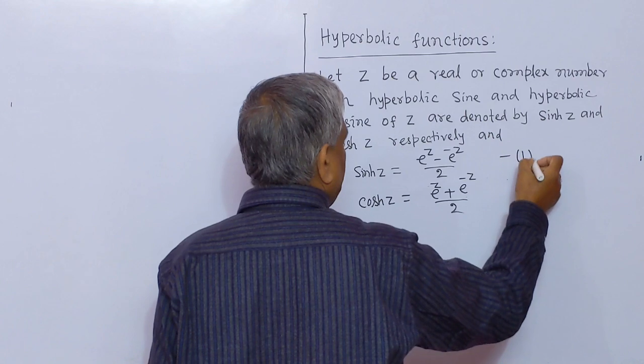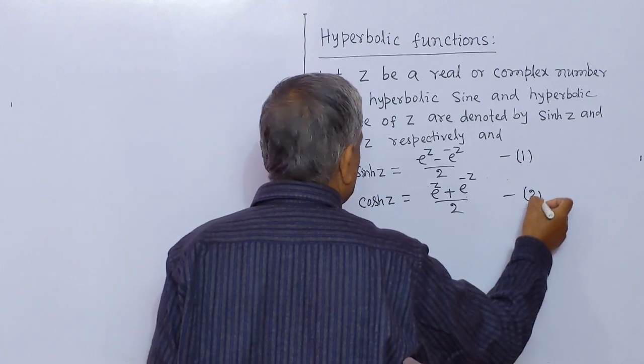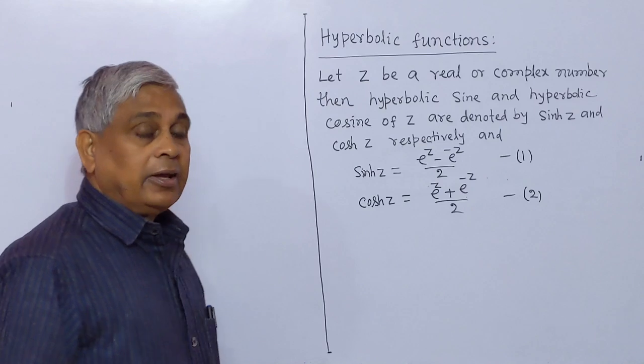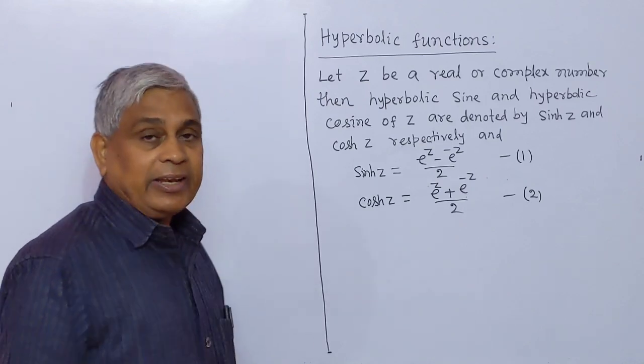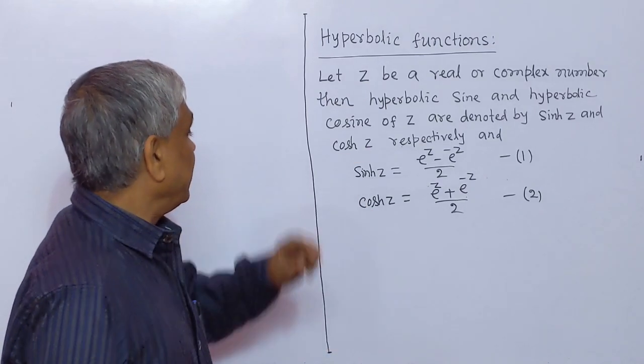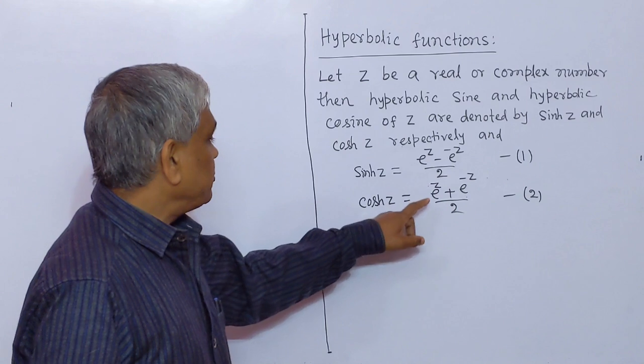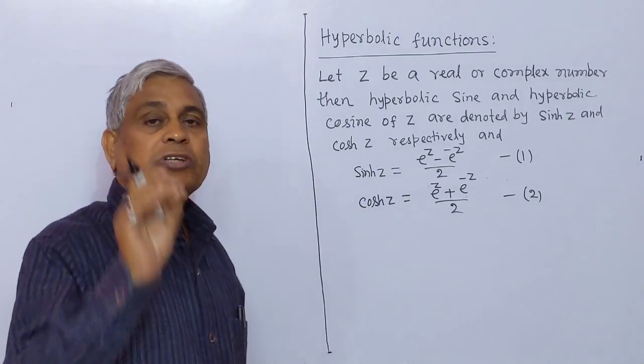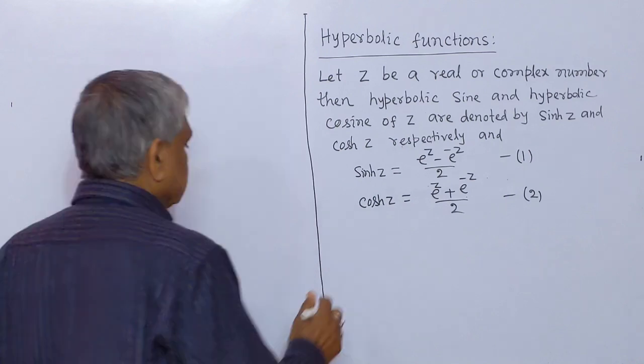This is number 1. This is number 2. This expression is called hyperbolic sine of z, and this expression is called hyperbolic cosine of z.